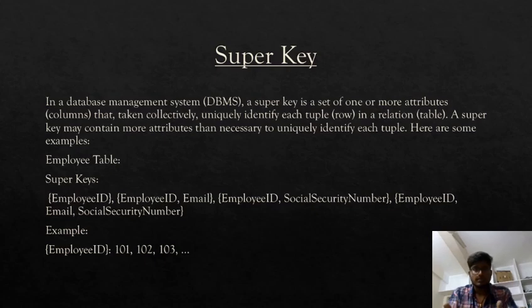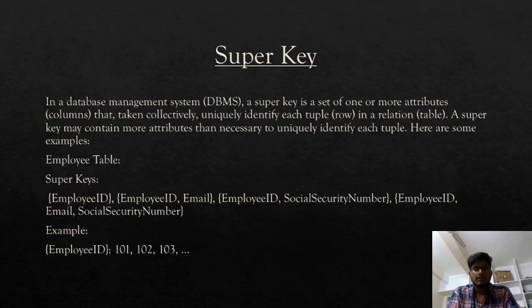So we can say that a super key may contain more attributes than necessary to uniquely identify each tuple. If we consider an employee table in an organization, the super key would be employee ID.